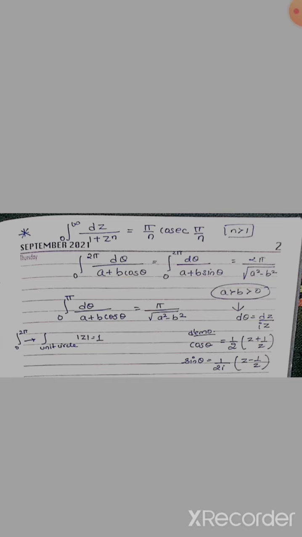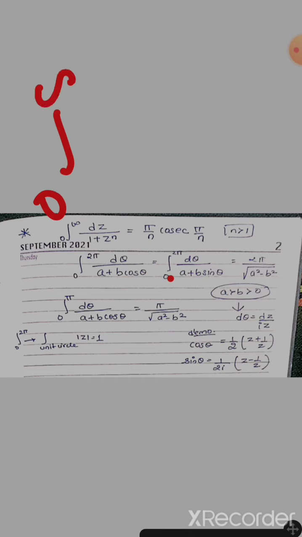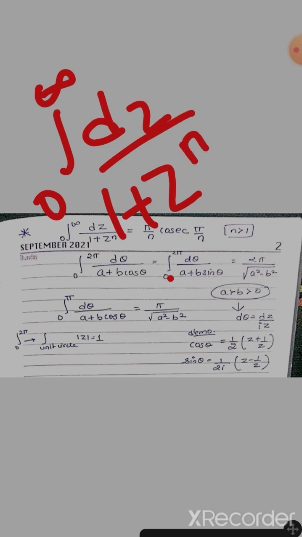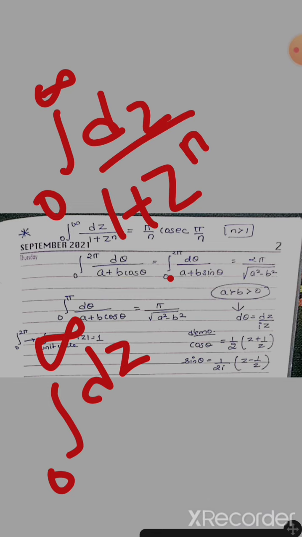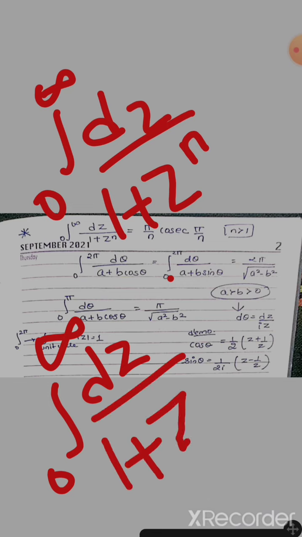These are the direct formulas which I have written here, so that they will help you whenever you see a question, without taking much time solving by the procedure. Just see and apply the formula. If the given integral is something like 0 to infinity dz by 1 plus z to the power of n, see the integral sign also, say dz by 1 plus z to the power of 2.